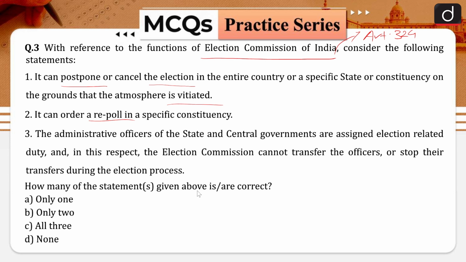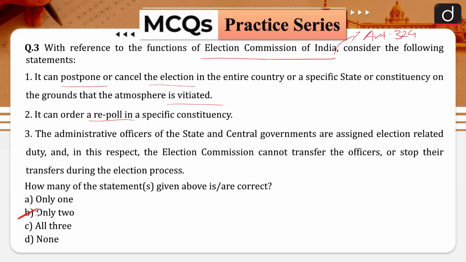How many of the statements given above are correct? Your option A is only 1. Your option B is only 2. Your option C is all of the 3. And your option D is none of the above. So the correct answer for this question is going to be option B. Only 2 statements that are given herein are correct in nature.